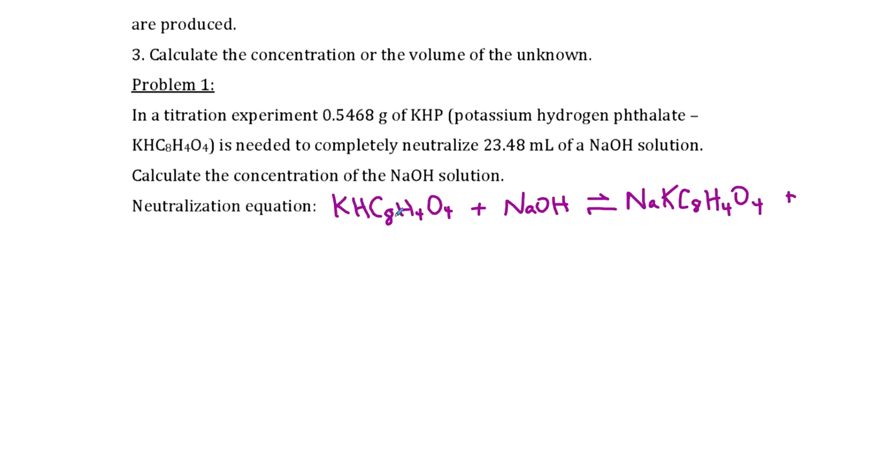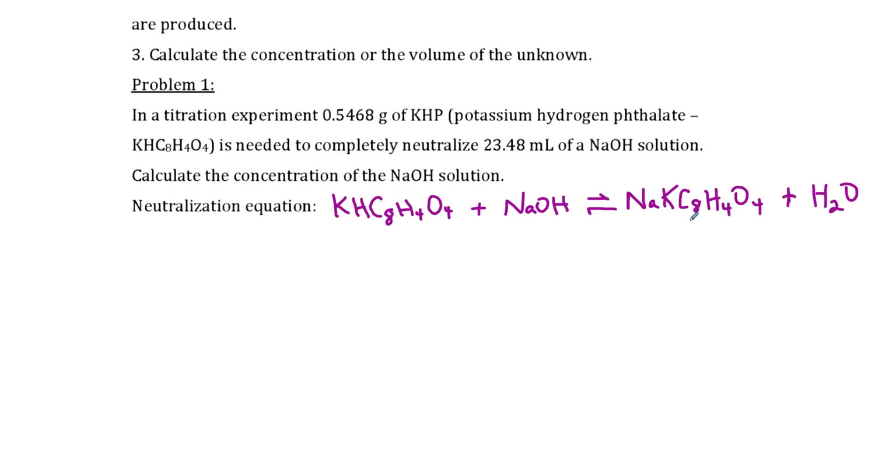Then we're going to put this hydrogen together with the OH. So HOH becomes water. You always get water as one of your products in a neutralization reaction. This is just an ionic compound, which can be called a salt. I didn't have to change the ratios of anything, so no balancing is required.